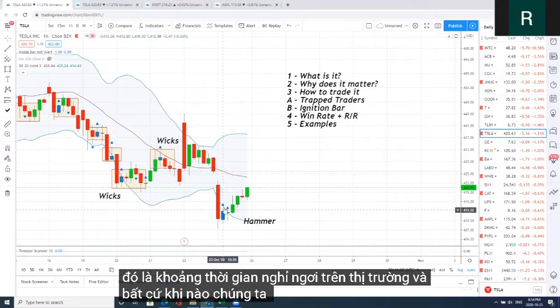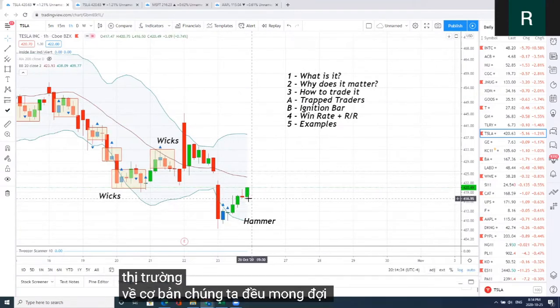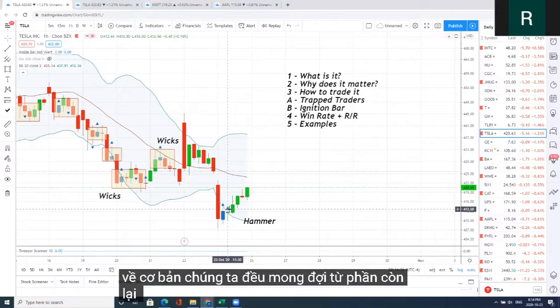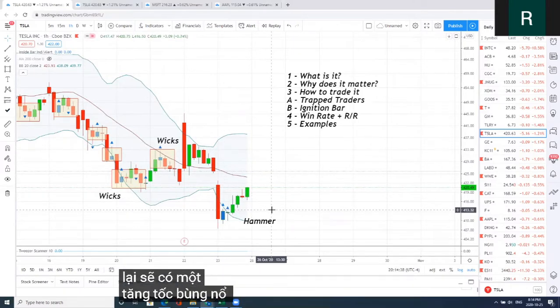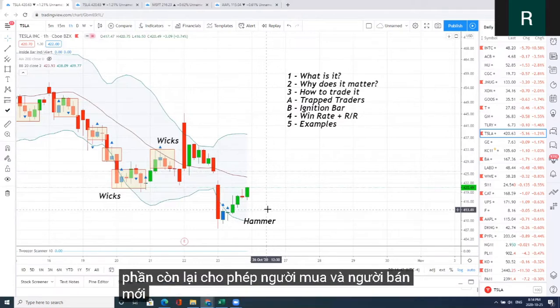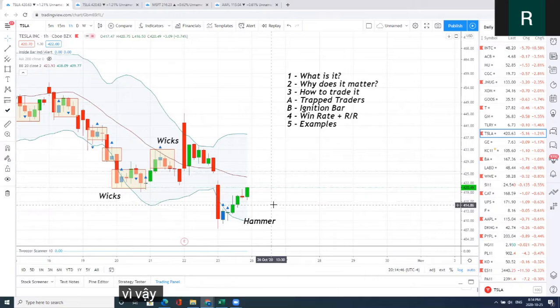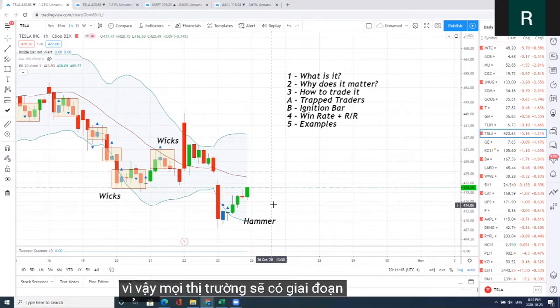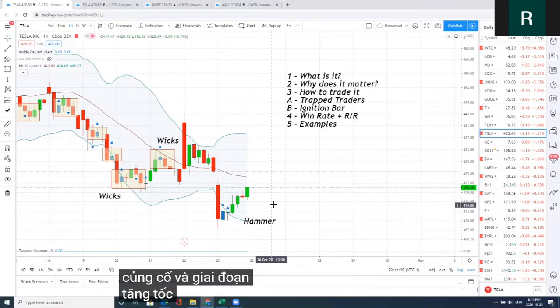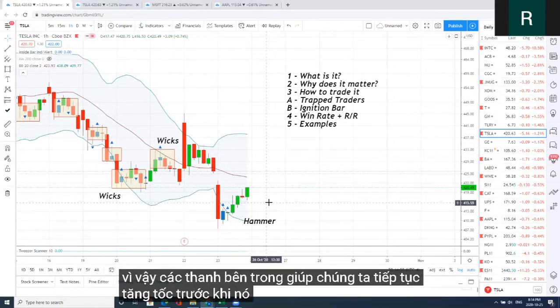And whenever we have that period of rest, we are expecting an explosion, an acceleration, because the rest allows new buyers and sellers to position themselves for the next big move. So every market will have a period of consolidation and a period of acceleration. So the inside bars help us get onto the acceleration before it occurs.